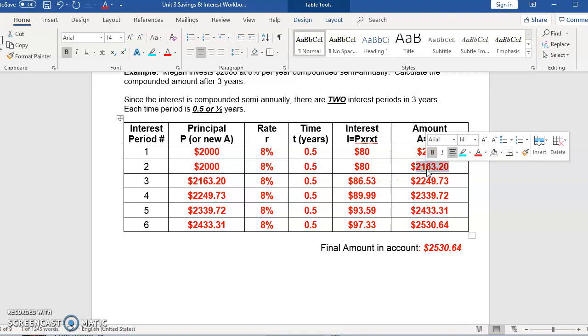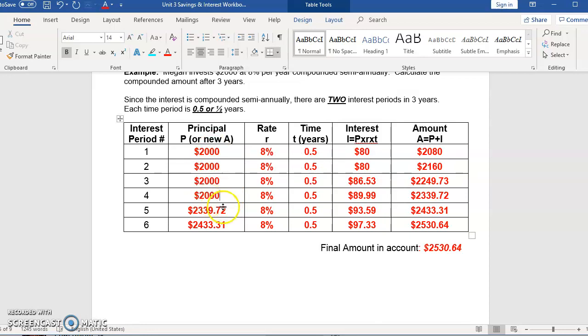I'd have $2,160 in my account. But I would only calculate my interest off of my original investment of 2,000. Right? So simple interest, you calculate it off your original investment every single time. It doesn't change. But compound interest, you calculate your interest off of your new total.